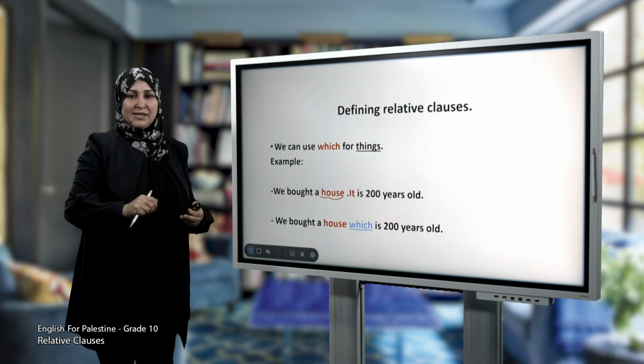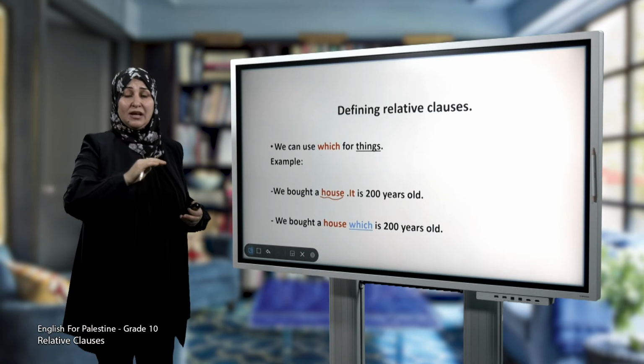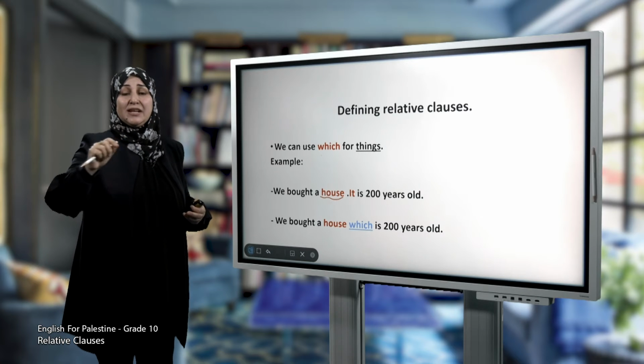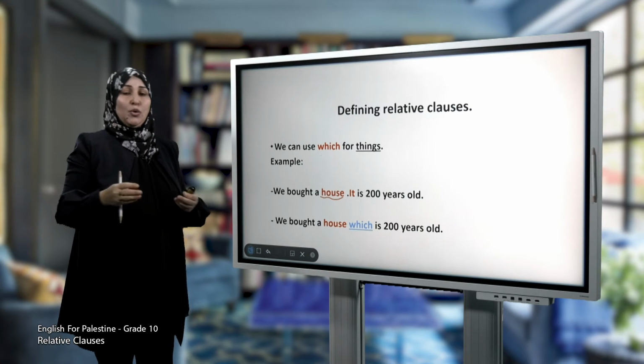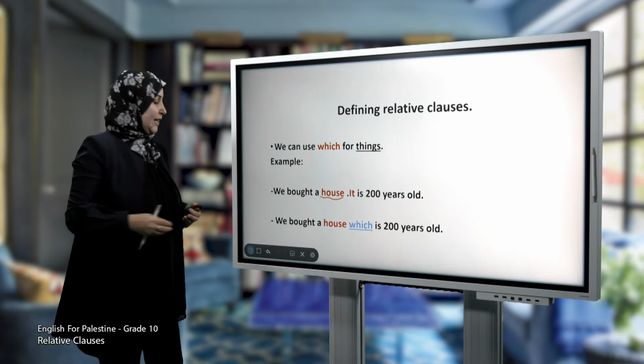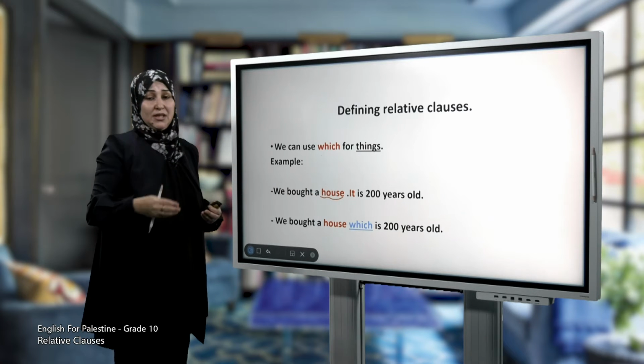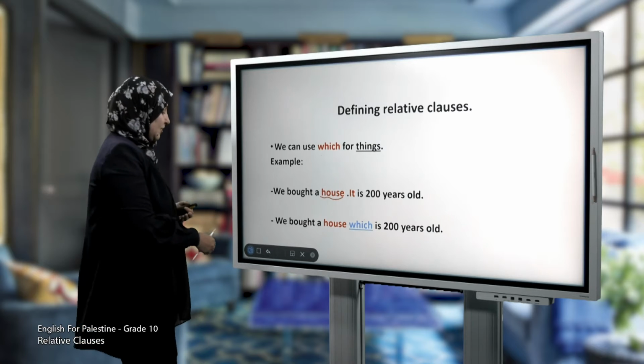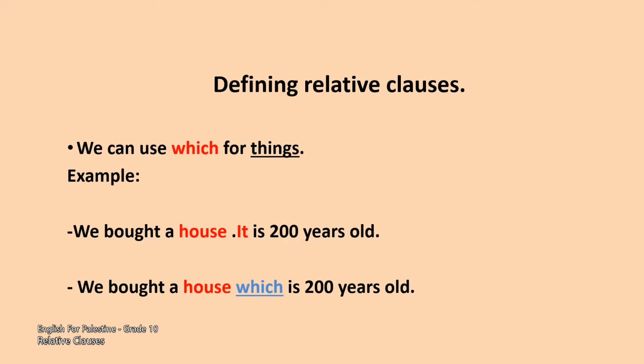So we can join these two sentences using a relative pronoun. Here we are talking about something, so we can use which: we bought a house which is 200 years old.